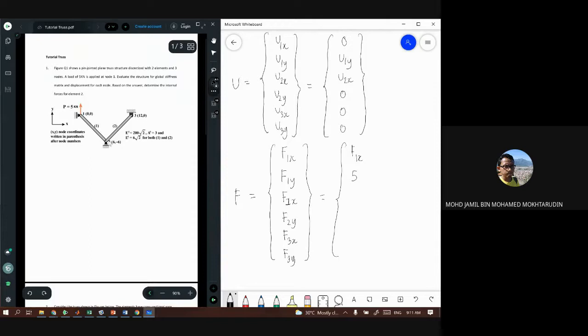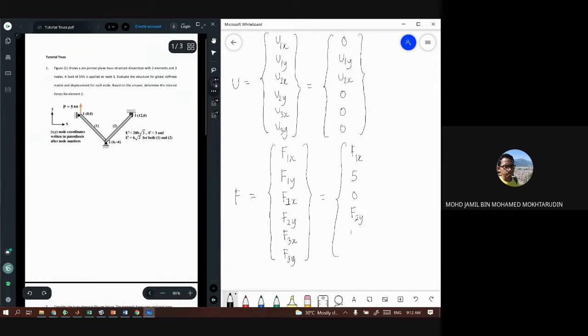And then for the second node, we have a reaction force in the y direction, but no force in the x direction. So here we have 0 for f2x, and we have only f2y. And then for node number 3, we have reaction forces in both directions, in x and also in y.